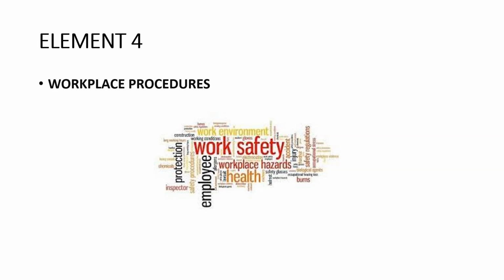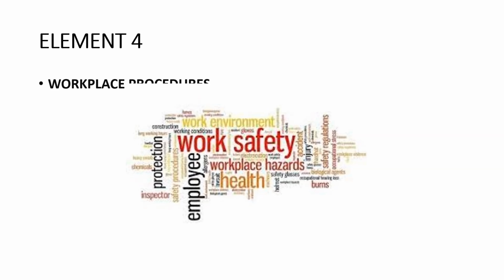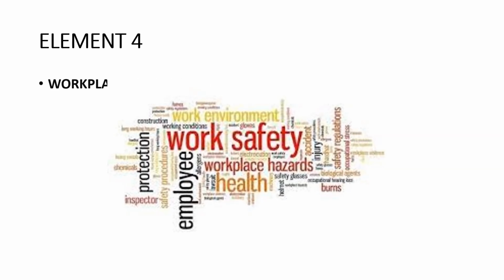The factory should not have any child labor, forced labor, no discrimination, no corporal punishment. Health and safety issues in the factory must be maintained, and there must be a management system. All these things should be in place in the working area. So that is covered under element 4, workplace safety. Hazards and health hazards all come under this category.